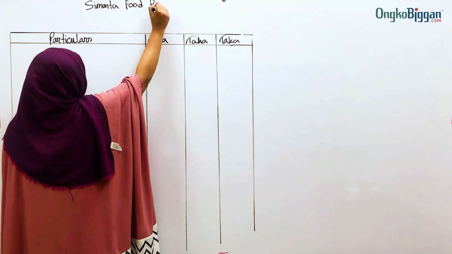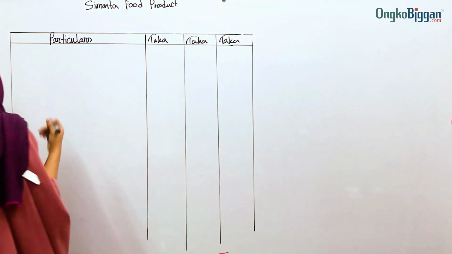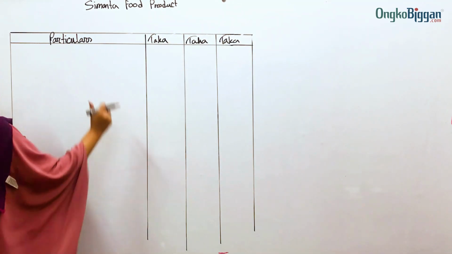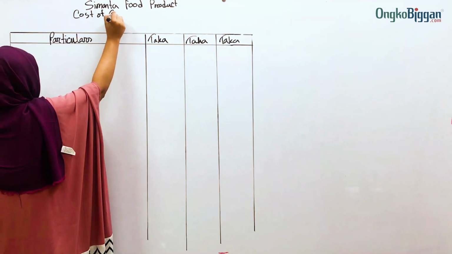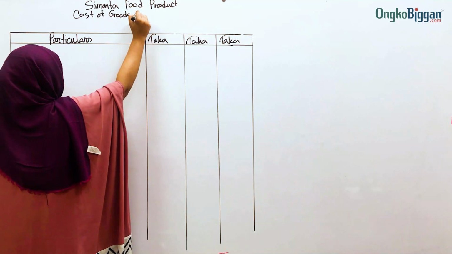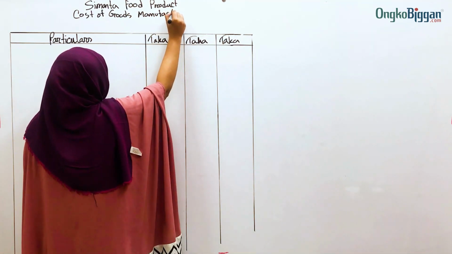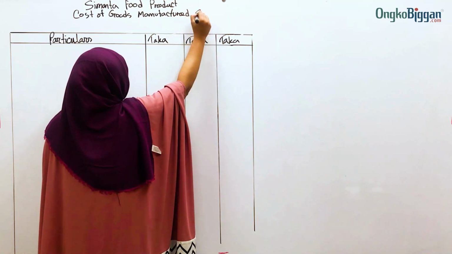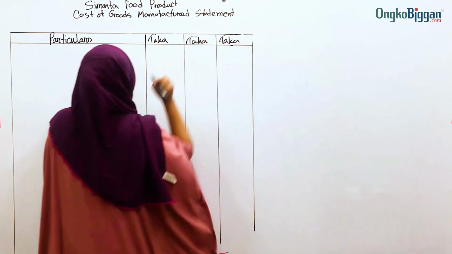And what's the first stage name? The first stage name is cost of goods manufactured statement.